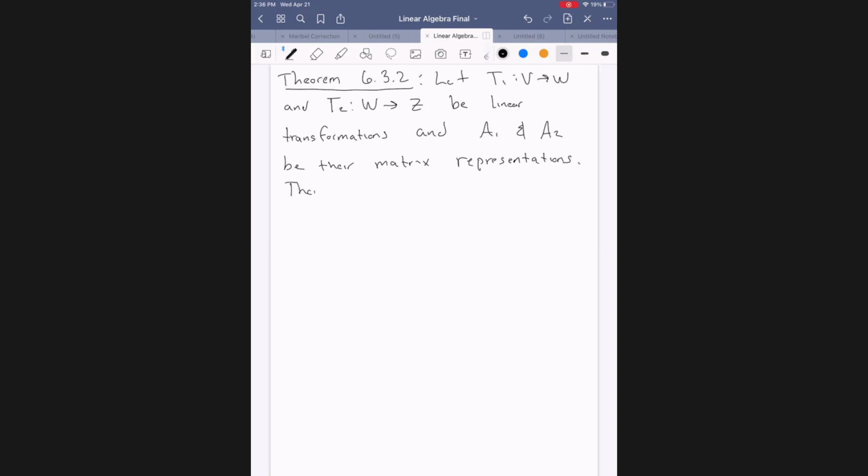Then T2 composed with T1 can be written as the following.